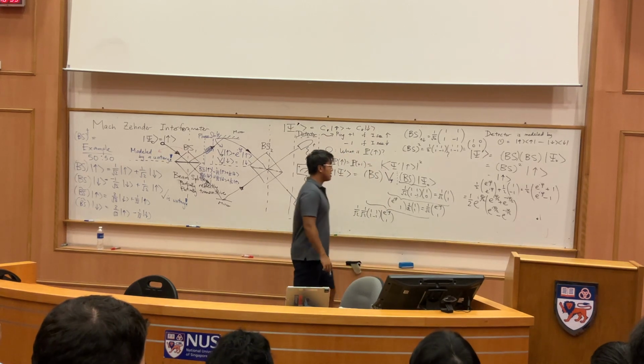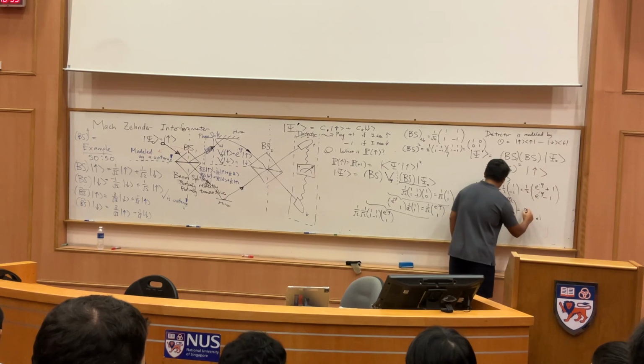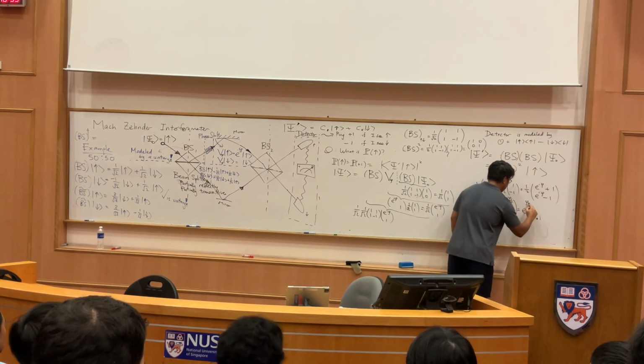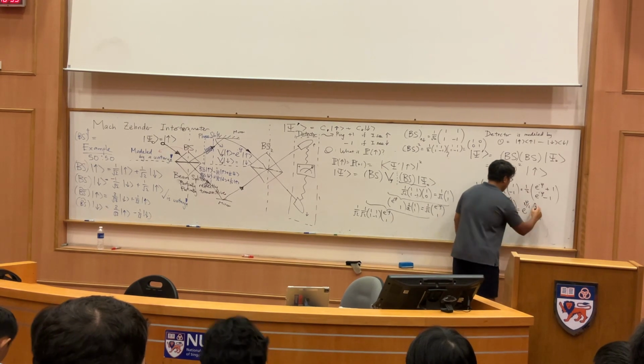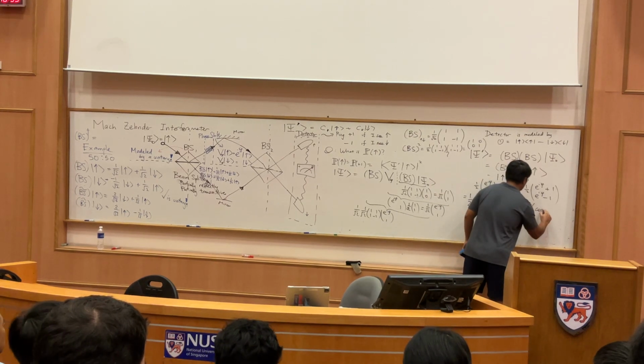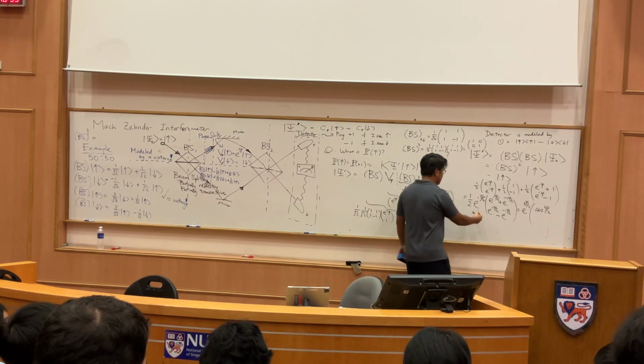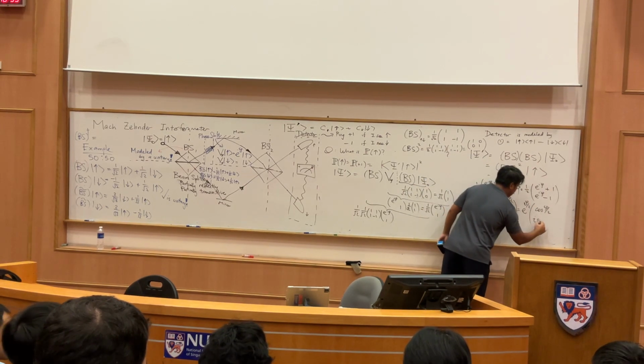And why is that nice? Because now this is just cosine. So this is just e to the power of i phi over 2 times cosine phi over 2, and this guy will be i sine phi over 2.